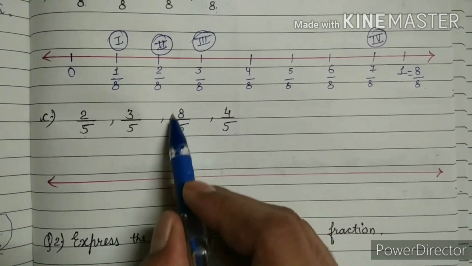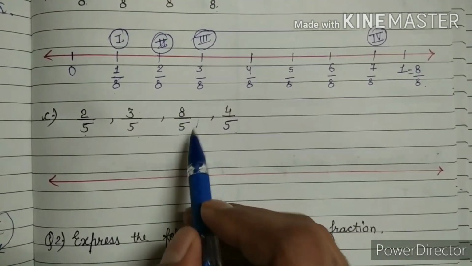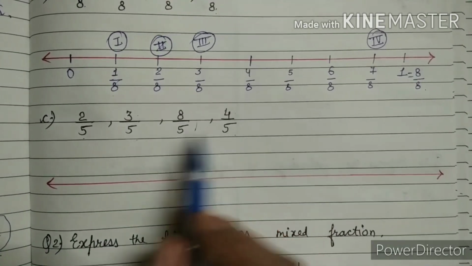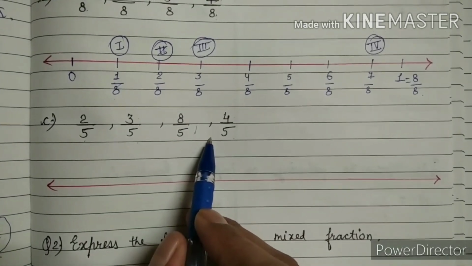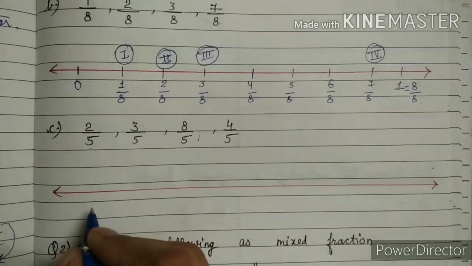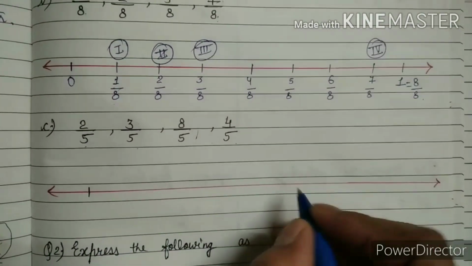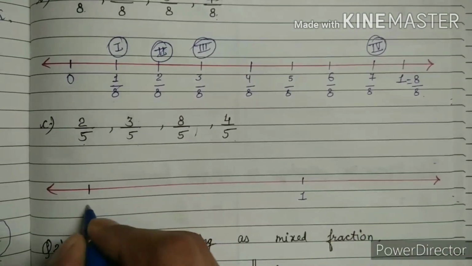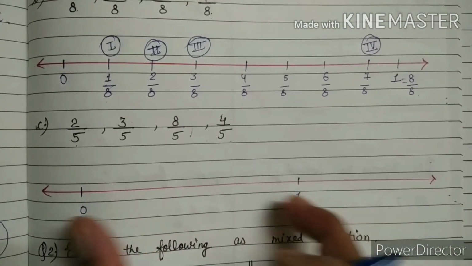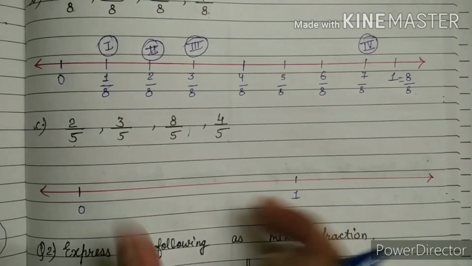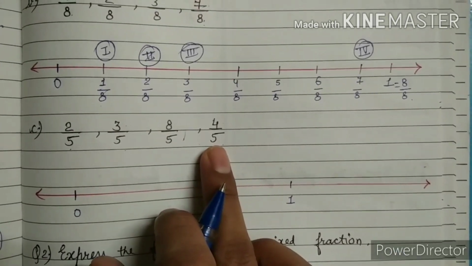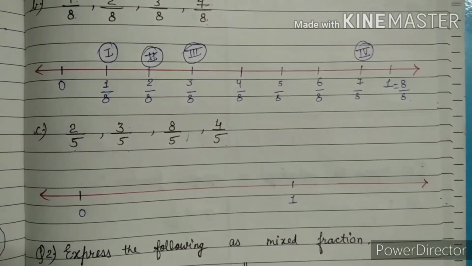You can see here is an improper fraction, but their denominators are the same. The denominators are the same. So what we have to do? Just see. Here we have to do in between 0 and 1. In between 0 and 1, how many partitions? We have to do a total of 5 partitions.